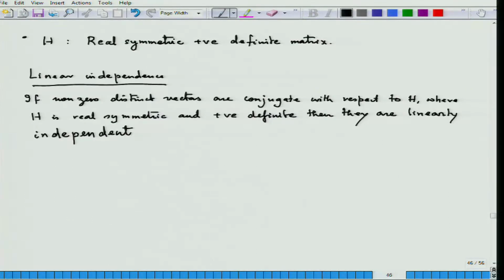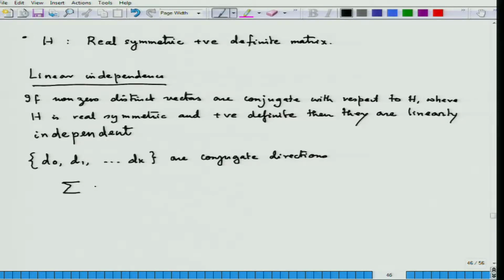So, that is what I want to now show you. Let me show you that if I have a system d0 to dk that are conjugate, now consider this expression, where alpha j is some scalar.